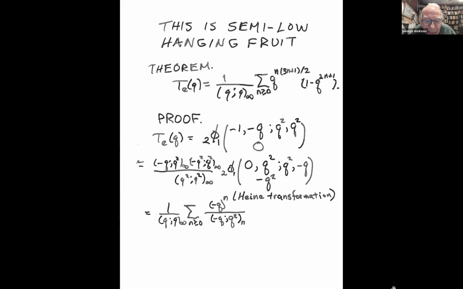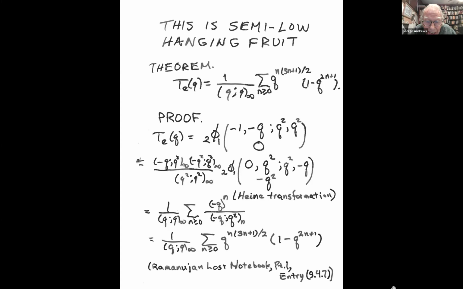And when you simplify it, you wind up with T of q equal to this expression you see now, which is quite simple. And fortunately, there it is in Ramanujan's Lost Notebook. So far, I've had to do nothing clever except get things reduced to a sort of minimal form. And lo and behold, Ramanujan pitches in to get us exactly the expression that we had hoped for.